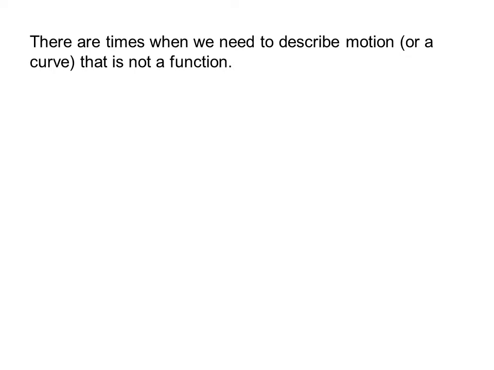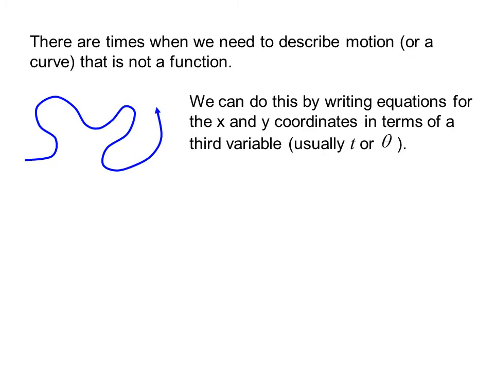There are times when we need to describe a motion or a curve that is not a function. We can do this by writing equations for the x and y coordinates in terms of a third variable, usually t or theta. We would have x equals f of t and y equals g of t, for example.